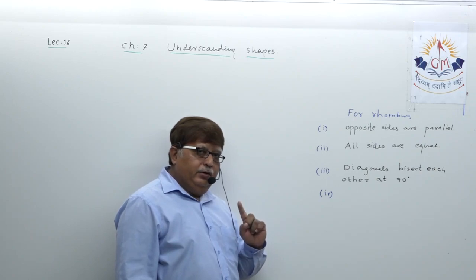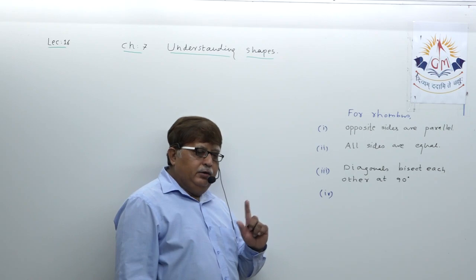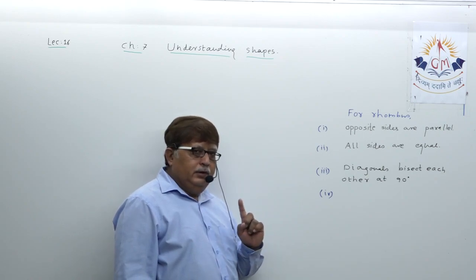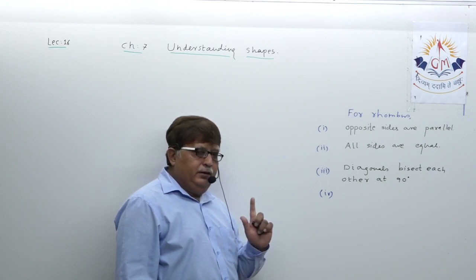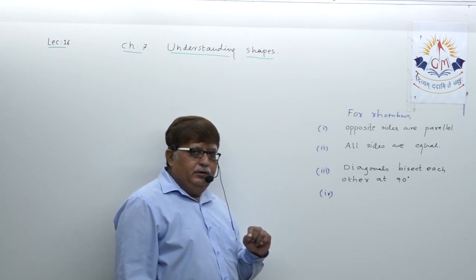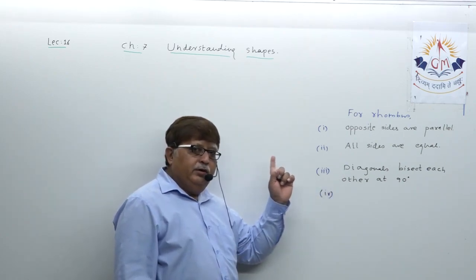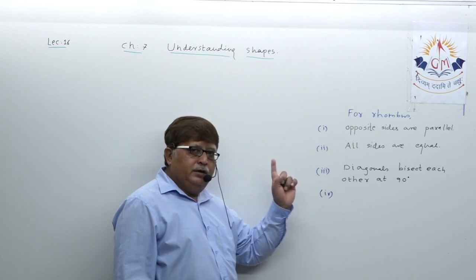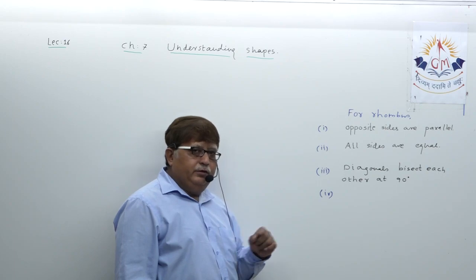In parallelogram and rectangle, diagonals bisect each other definitely, but not perpendicularly. Diagonals in parallelogram and rectangle only bisect each other.